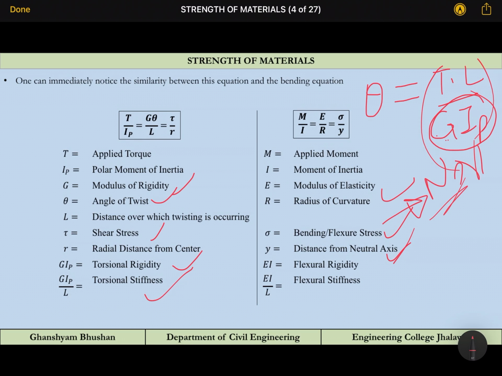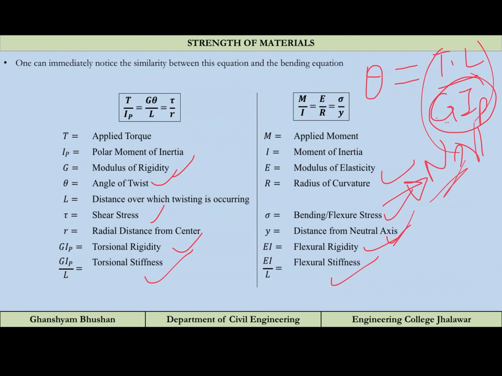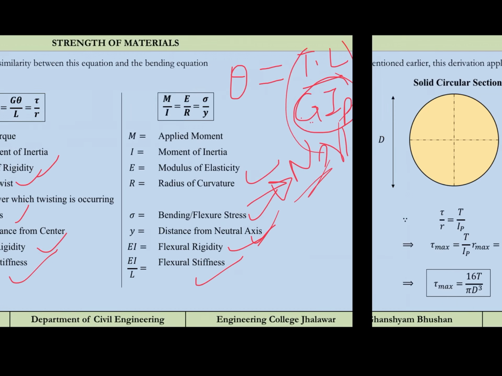Stiffness we already know, it is the force required to cause a unit deformation. It can be angular deformation, it can be linear deformation. So in the case of torsion, it is an angular deformation. Similarly, E into I is the flexural rigidity, and also EI by L is the flexural stiffness. So in this way you can compare these two equations.